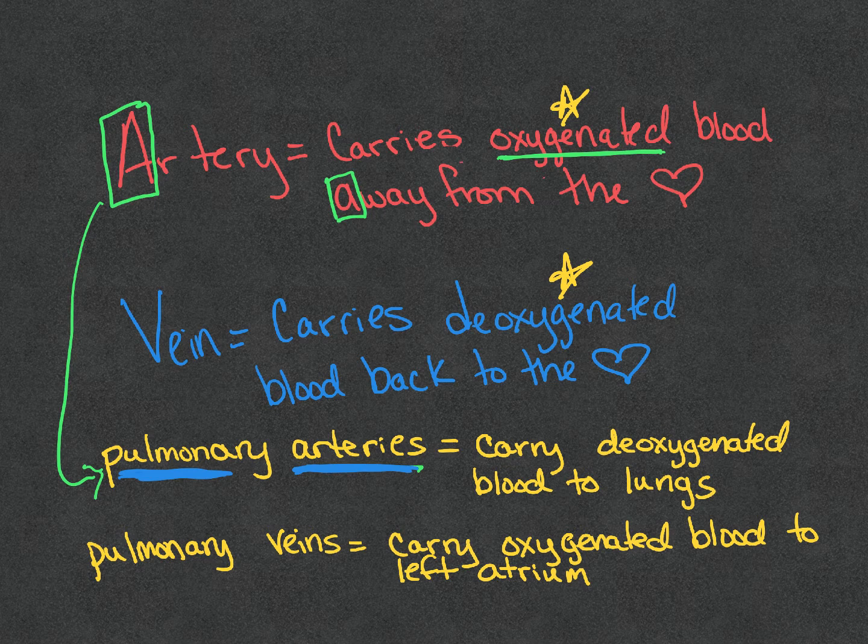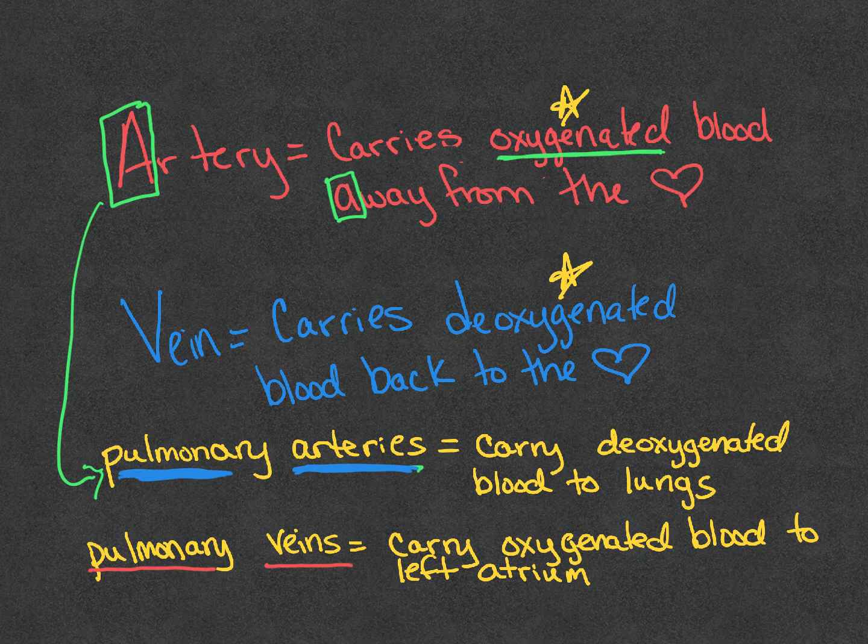And then the same is true for the veins that are carrying blood back to the heart from the lungs. They're veins because they're returning blood to the heart, but they're going to be colored red because this blood has just exchanged CO2 for oxygen in the lungs.